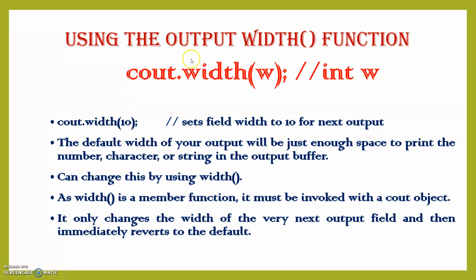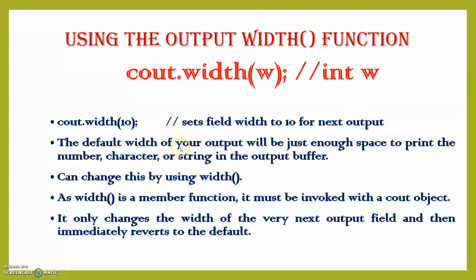So this is the ios member function which we are using over here, with one parameter w, which is of int type, and this is invoked on an object of the output stream. So here is how we use this particular member function, cout.width. We pass a numeric value to this. It will set the width to 10 columns for the next output.